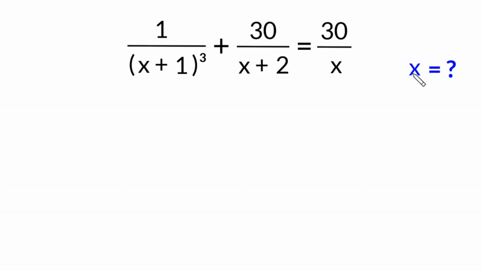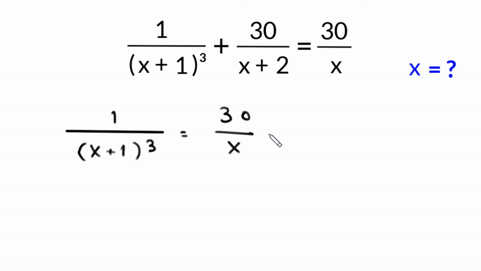So let's start. First we move this 30 over (x plus 2) to the right hand side. Then the equation will become 1 divided by (x plus 1) whole cubed equal to 30 divided by x minus 30 divided by (x plus 2).